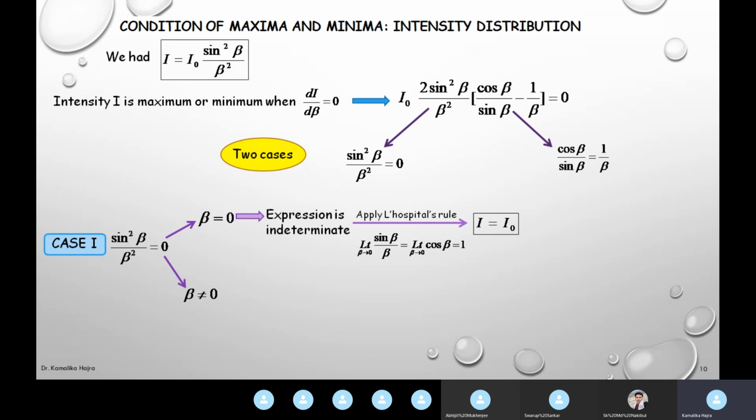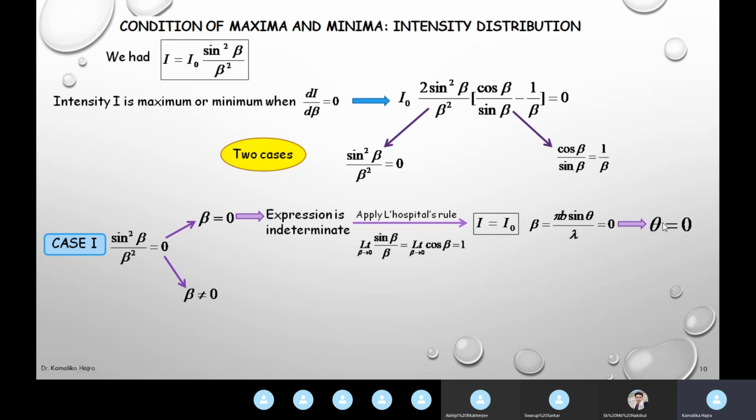When does this happen? Beta equal to 0, which means the expression of beta, pi b sine theta by lambda, equal to 0. Now b is not 0, lambda is not 0. So this is possible only when theta equal to 0.